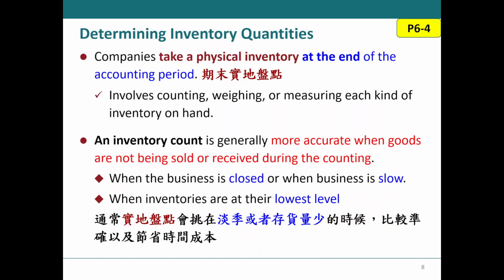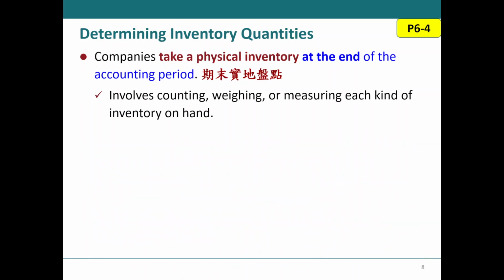But no matter what, I just want to remind you again: whether you use perpetual or periodic, you always have to take a physical count, because you have to double check and count it to figure out your ending inventory. So don't forget, for your company, on the last day, you have to take a physical count.